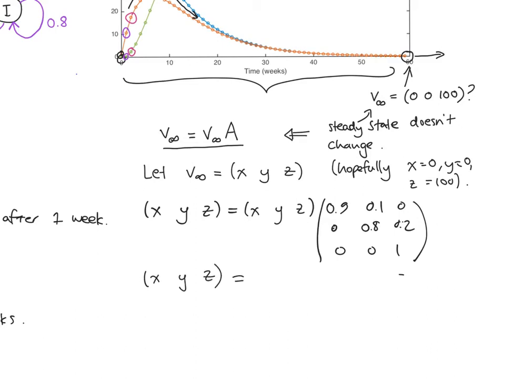On the right-hand side, we have x times 0.9 plus y times 0 plus z times 0. So that's our first element. Then for our second element, we have x times 0.1 plus y times 0.8 plus z times 0. And finally, for our third element, we have x times 0, y times 0.2, and z times 1.